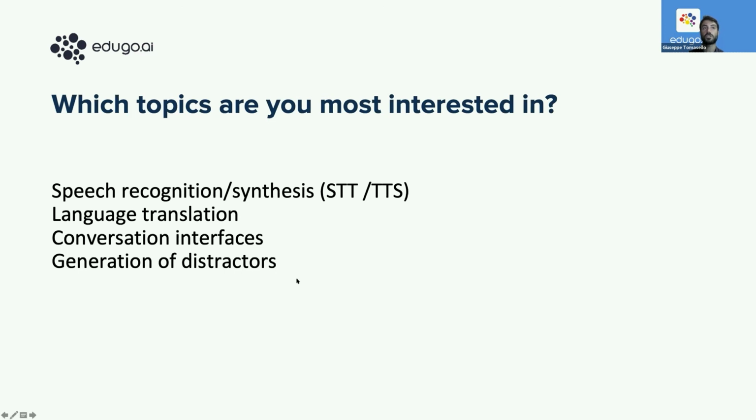These are just some ideas we are seeing right now. For example, we can talk about speech recognition and speech synthesis, like STT or TTS, speech to text, text to speech, language translation, conversational interfaces, generation of distractors. Which one are you guys more interested in? I would like to know.